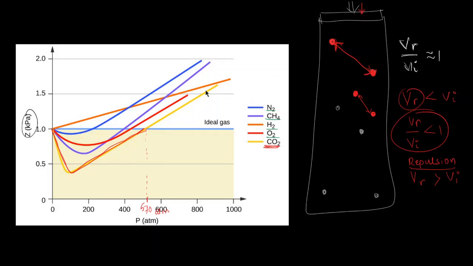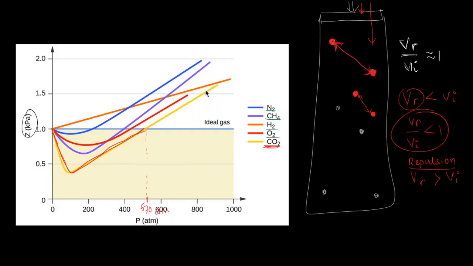If you increase the pressure even more, at higher pressures, there will be lower distances between two gaseous particles, and that will mean there will be more repulsion, and that will mean that the volume of the real gas is greater than that of the ideal gas.